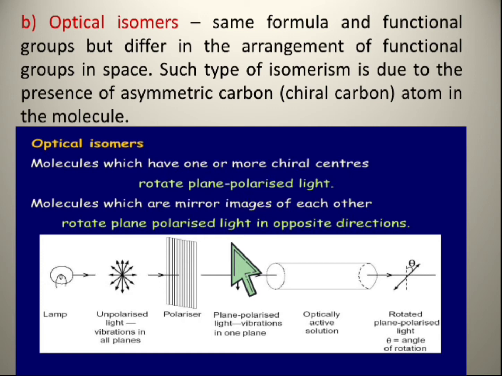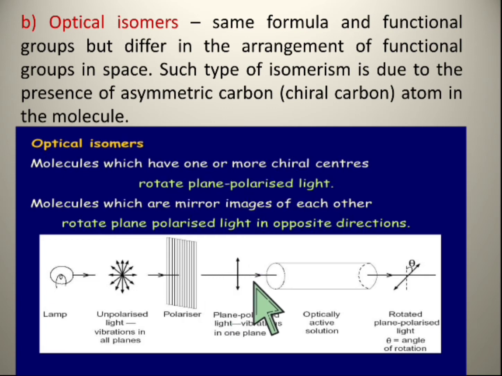simple substances which show optical isomerism can exist as two isomers known as enantiomers. Okay, so one more term you have to remember here: enantiomers.